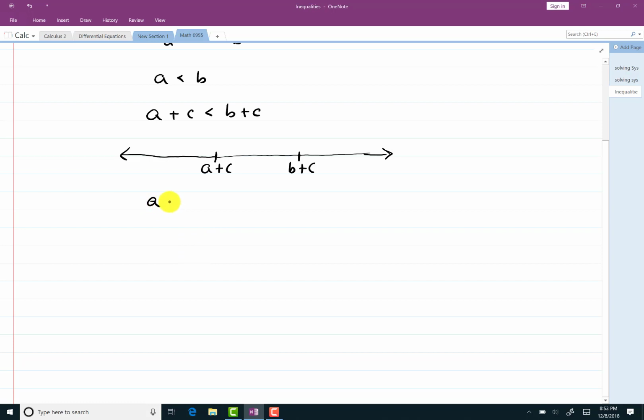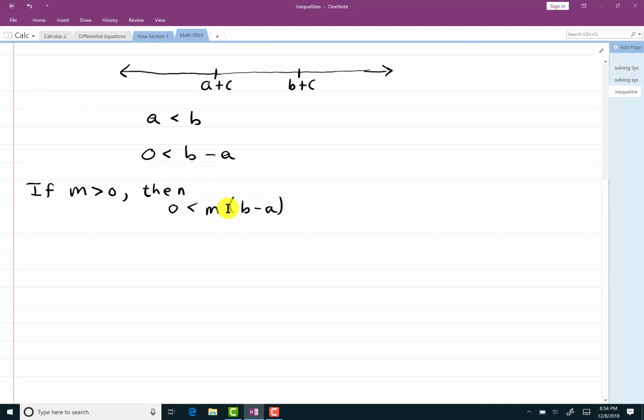If A is less than B, then I can subtract A from both sides and get that B minus A is a positive number. Well, if M is positive, then I know that a positive number times a positive number is still positive.